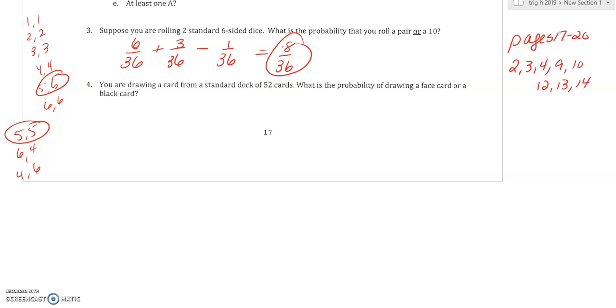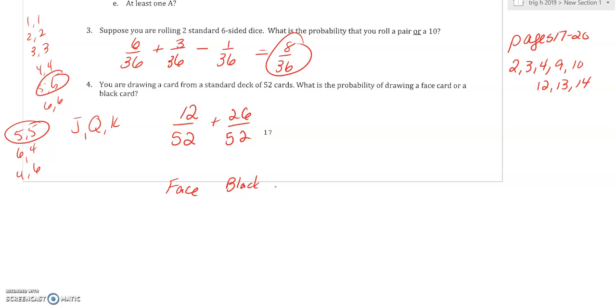What about number 4? It says you're drawing one card from a deck of 52. What's the probability of drawing a face card or a black card? Well, again, queens, jacks, and kings all have faces, and there's 3 of those and 4 suits. So there are 12 face cards. And black cards, there are 26 black cards. But notice you counted black face cards twice.